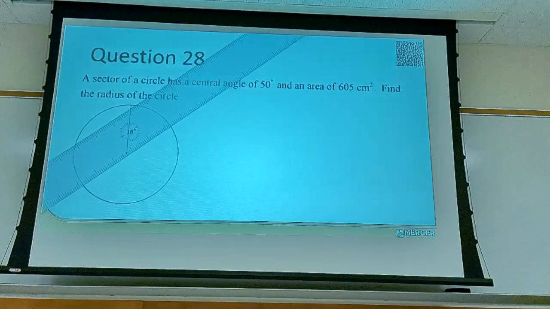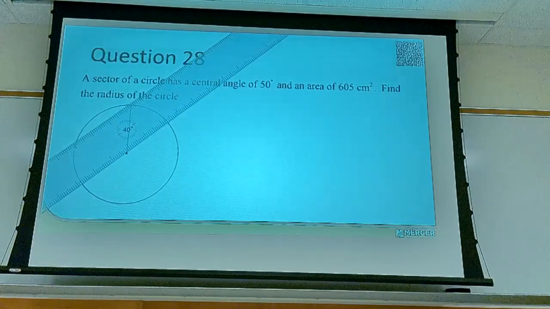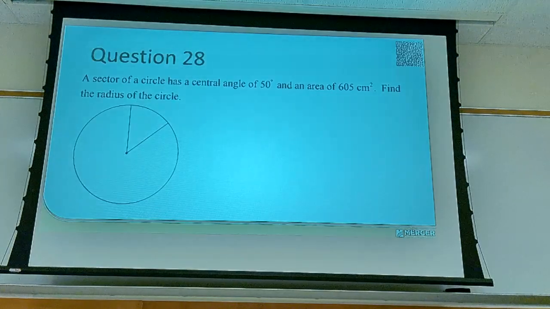Oh, it actually looks like a decent slice of pizza. That's for you, and the rest is for me. That's how it works. So we know this is 50 degrees.